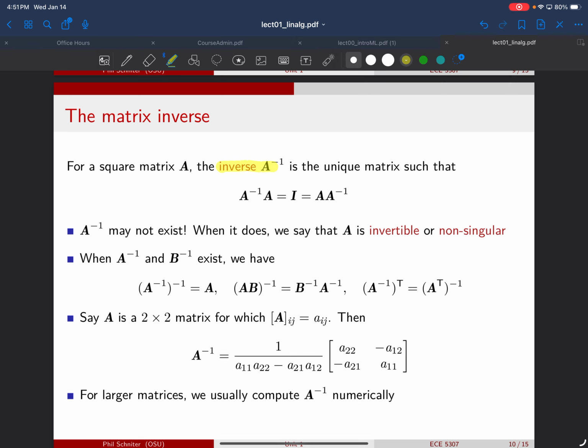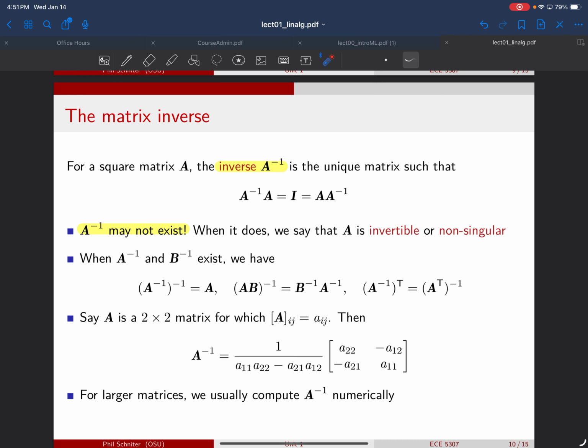Now, this inverse matrix may not exist. In some cases, let's say if A is the zero matrix, I can't multiply 0 by something to get identity. Remember that we're working with finite quantities, no infinities allowed here.